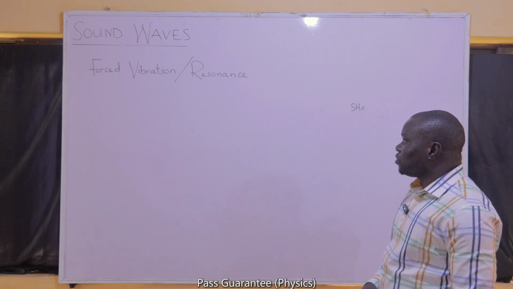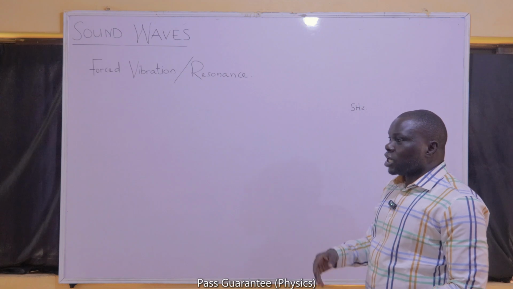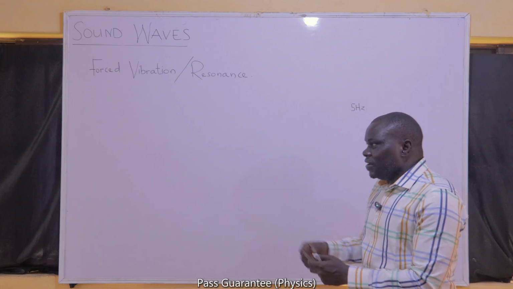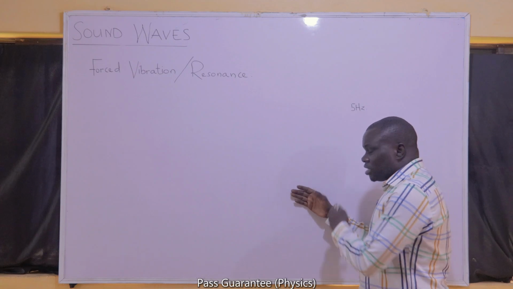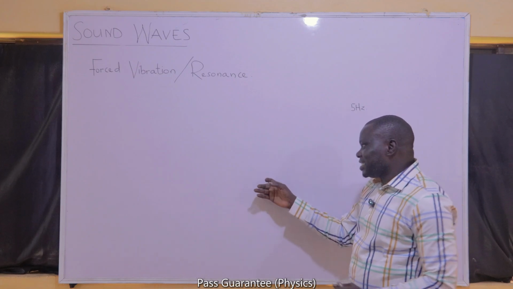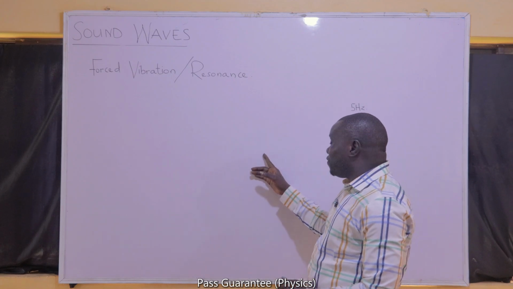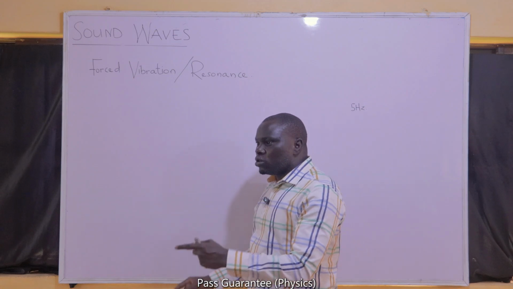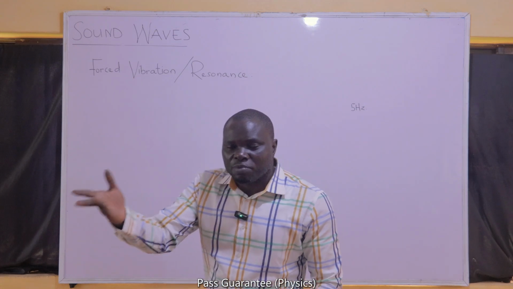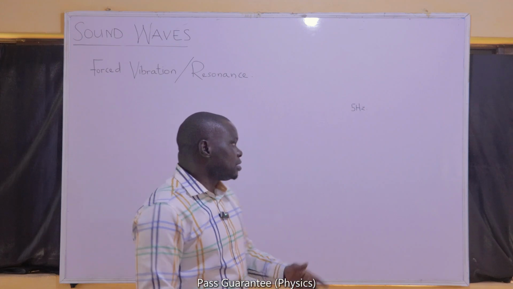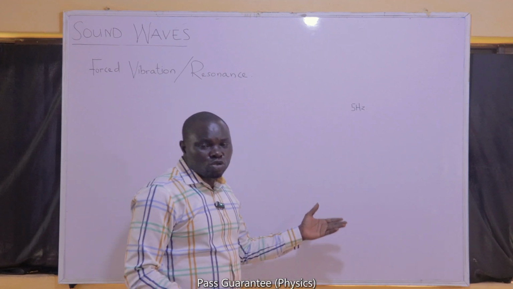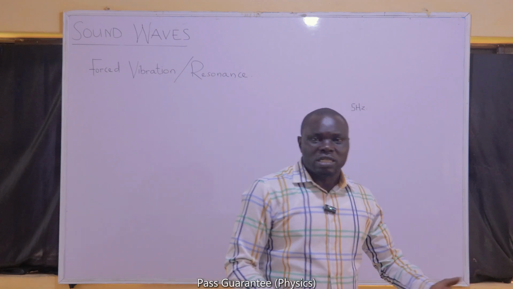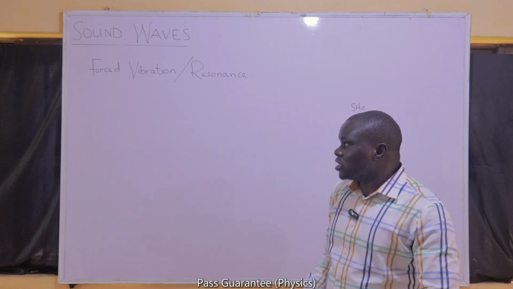Forced vibrations are those vibrations that result from an external periodic force, my hand, acting on a system, the board, and setting the board vibrating at frequencies which are equal to the frequencies of the external periodic force, the frequency of my hand.